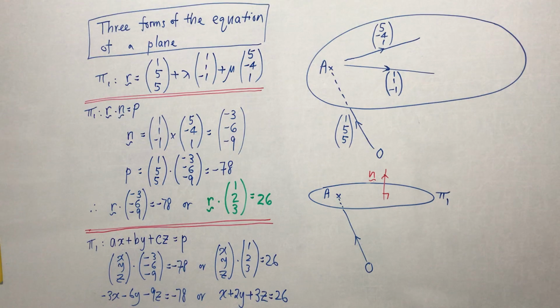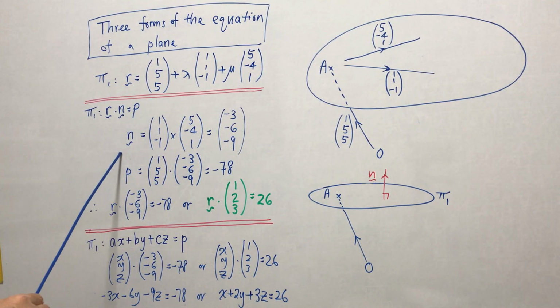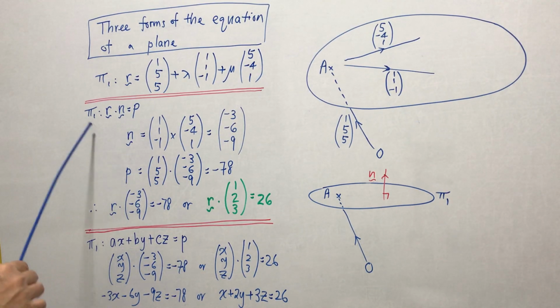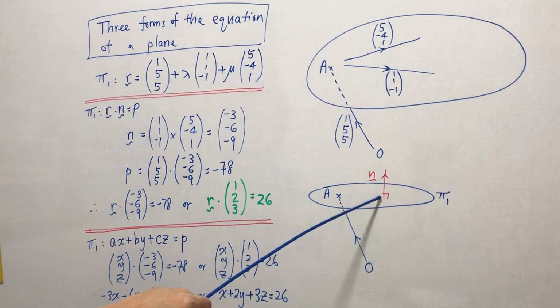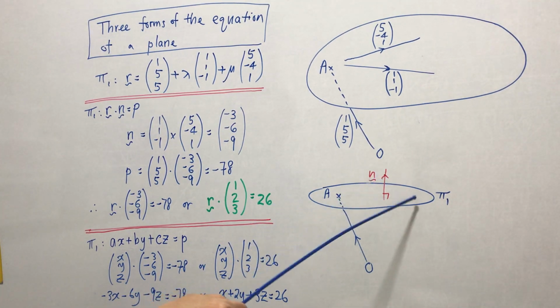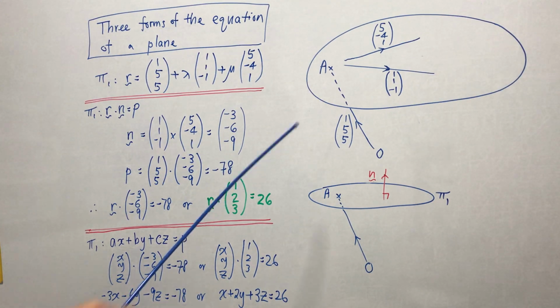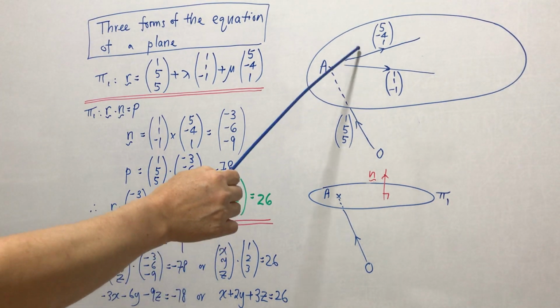In the second form, the argument started off with establishing a vector n which is perpendicular to the plane. Geometrically, it will look like this. So this is a plane, and we want a vector n that is perpendicular to the plane. To find a vector that is perpendicular to a plane, typically we will take the cross product of these two vectors.